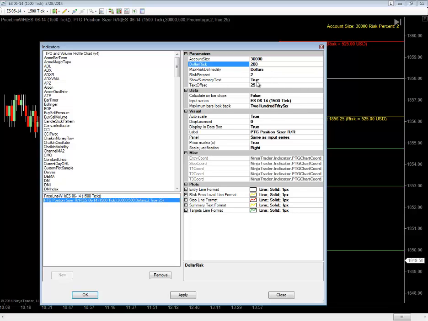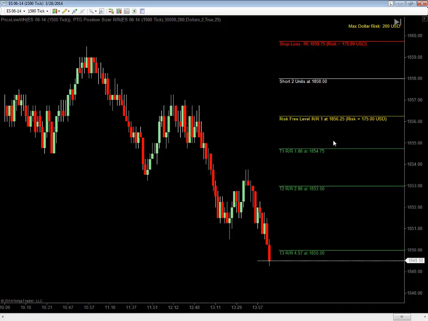The risk percent here won't really matter because you only want to maximize your risk to $200. Simply input that parameter, and as you can see here, it automatically changed from 6 units down to 2 units, and you can see up here in the top right-hand side it says max dollar risk $200 per unit.